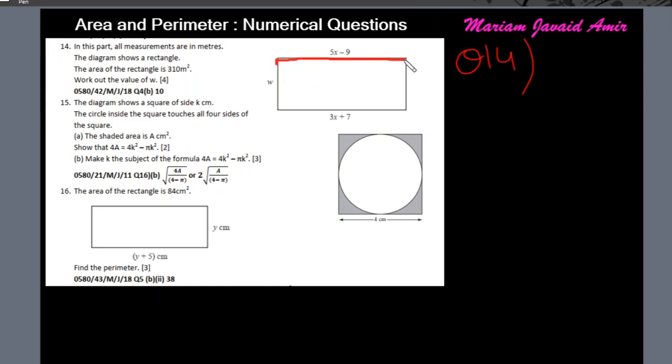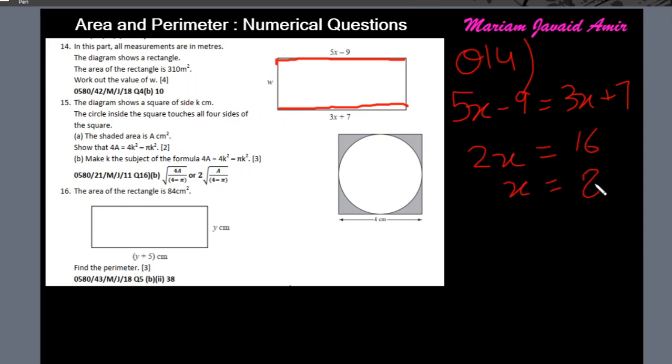Since this is a rectangle, that means this length and this length should be equal. Using that, we can find the value of x. So 2x minus 9 equals 3x plus 7, which gives 2x equals 16. So x equals 8.